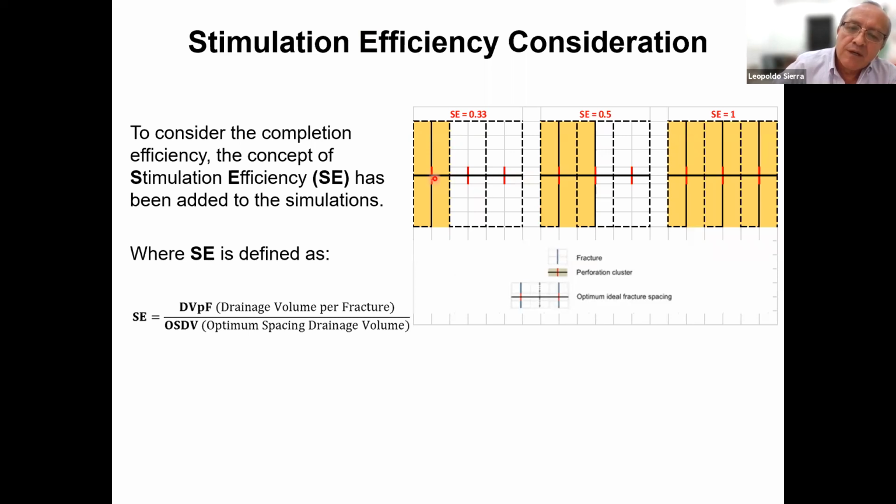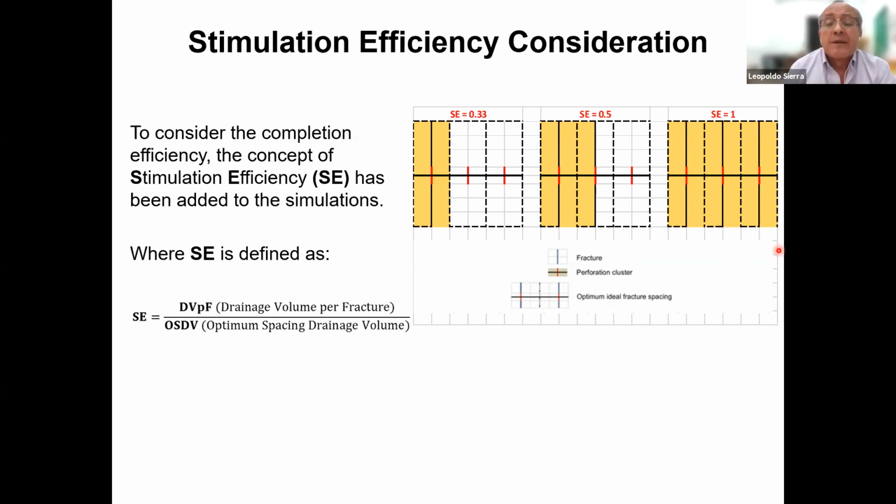with 3 clusters of perforations, and we are able to generate 1 fracture per perforation, we're going to be able to drain the entire connected unconventional area for productivity. But in reality, a stimulation efficiency of 1 is not really common in the industry.